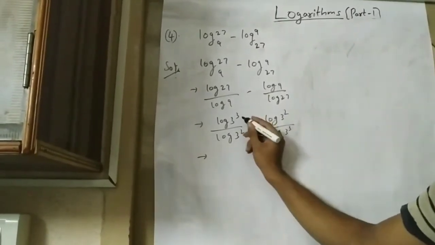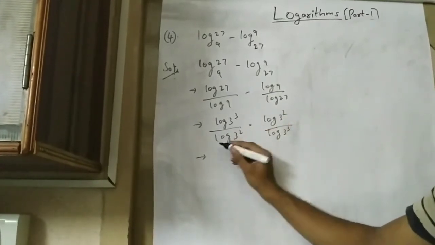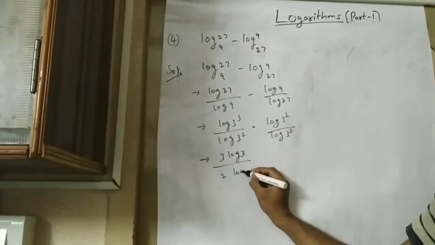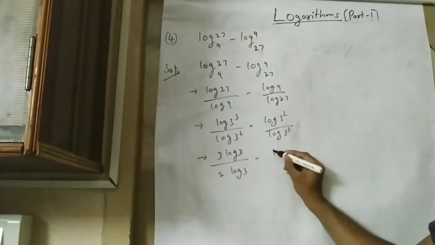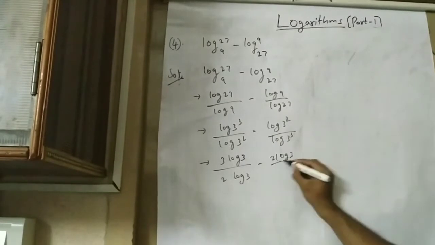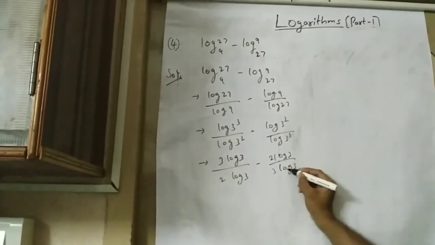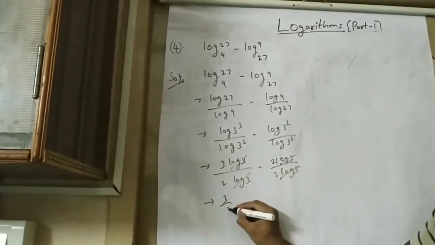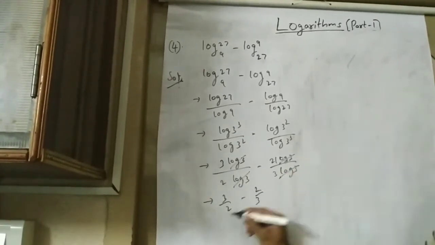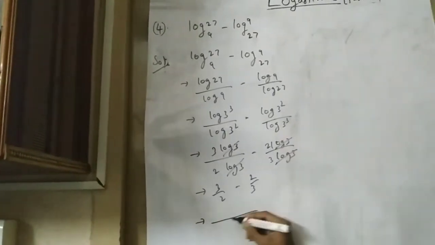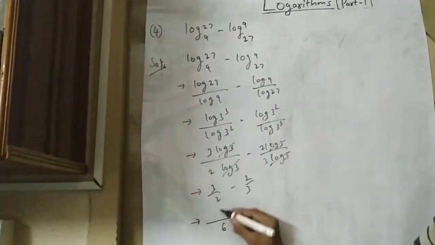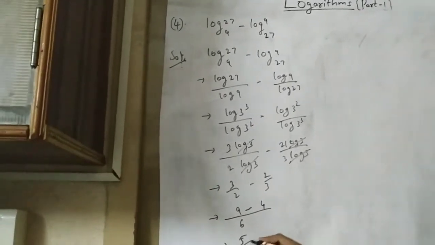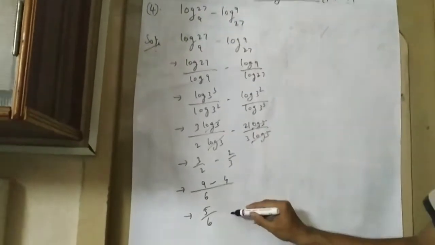Log a power m means m log a. That is 3 log 3 by 2 log 3 minus 2 log 3 by 3 log 3. Log 3 will be cancelled in both. So that is equal to 3 by 2 minus 2 by 3. Take 6 as LCM. 3 times 3 is 9, 2 times 2 is 4. So 9 minus 4, 5 by 6. So the value is 5 by 6.